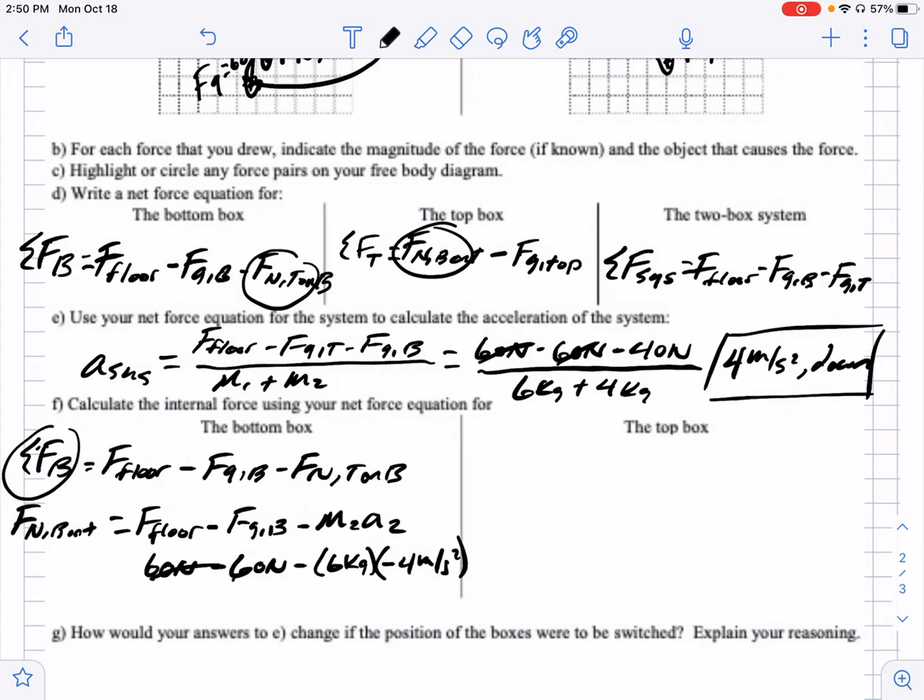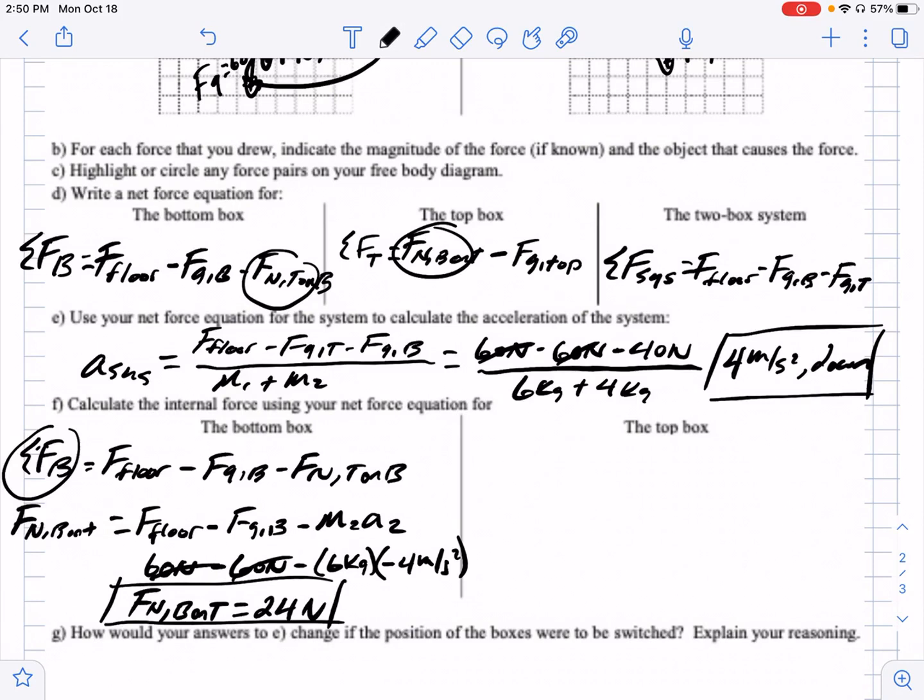So these cancel, and I'm left with negative 6 times negative 4, which is positive 24. So that normal force from the bottom box to the top box is equal to 24 newtons.